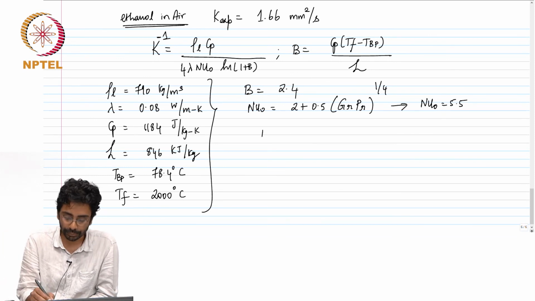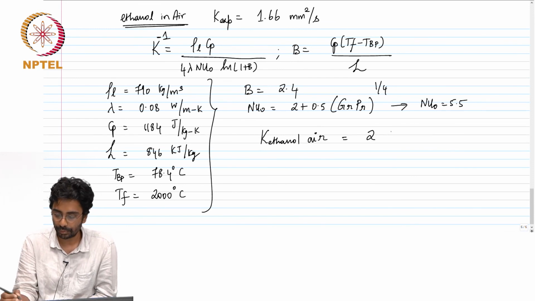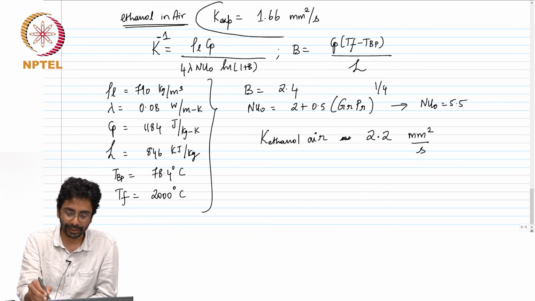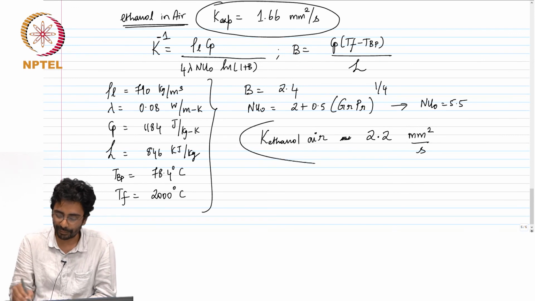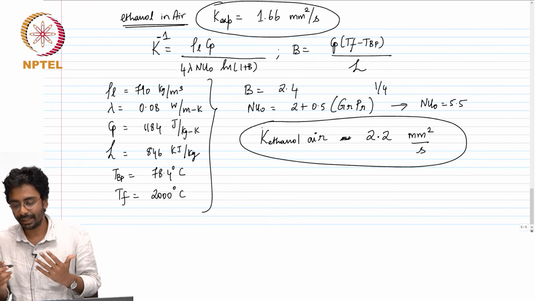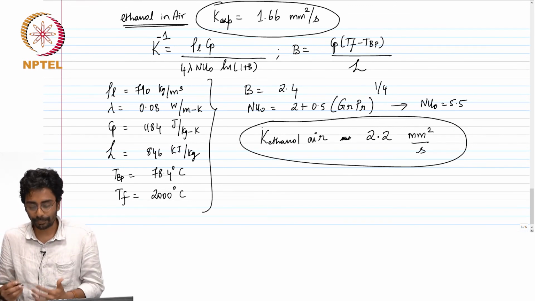Plug in all the numbers, you will get K ethanol air to be around 2.2 or something. Just calculate and check for yourselves. How much did we get from experiment? 1.7. How much did we get from a very crude, very simple analysis? 2.2. This is an excellently accurate approximation.